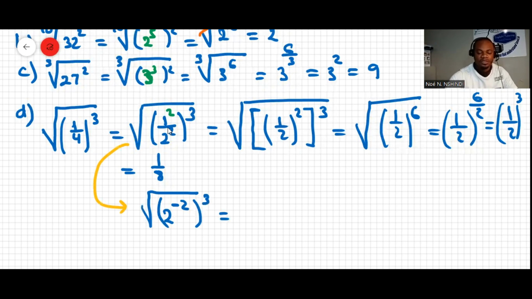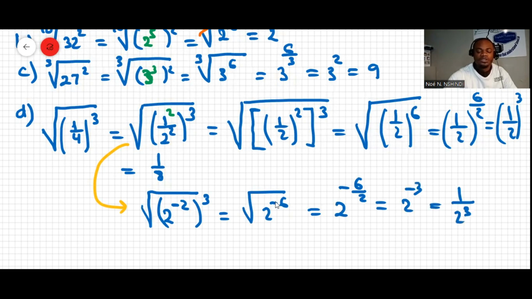And then this will be square root of 2 to the negative 6. And now we say, what is square root of 2 to the negative 6? We cannot do because we have a negative. No, careful. Yes, we can do. The negative here is not on the base, okay? It is on the exponent. Yes, we can do this. This is 2 to the power of negative 6 over 2, which is equal to 2 to the negative 3, which is equal to 1 over 2 to the 3, which is equal to 1 over 8.